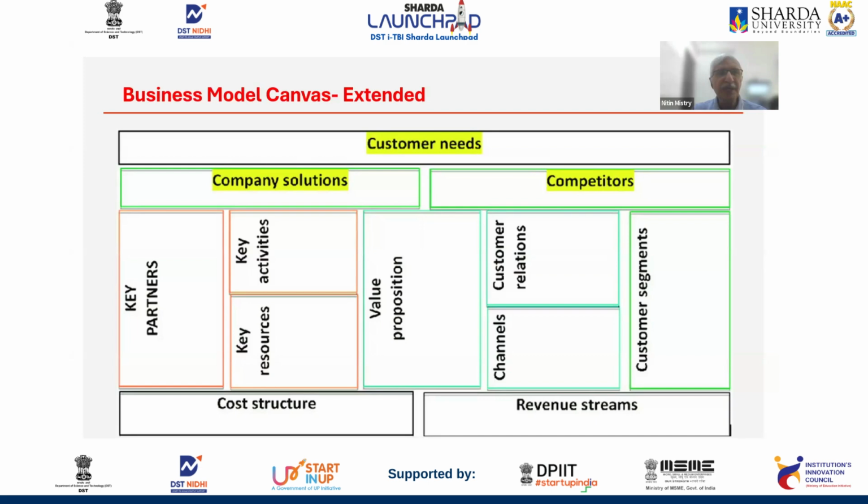So that could be a very specific customer solution from a company. Then competitors. This block is for understanding the competitive market scenario and helps you to strategize and differentiate your offerings. That could be one of the blocks, and finally, very specific customer needs. So this is how the canvas can be extended, but this is a little bit advanced.